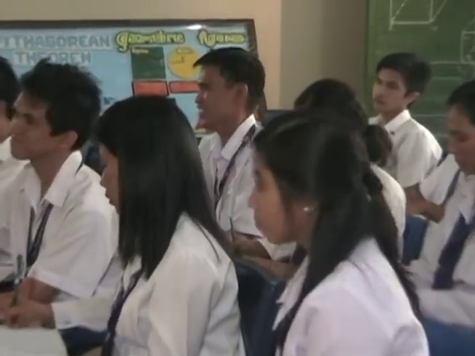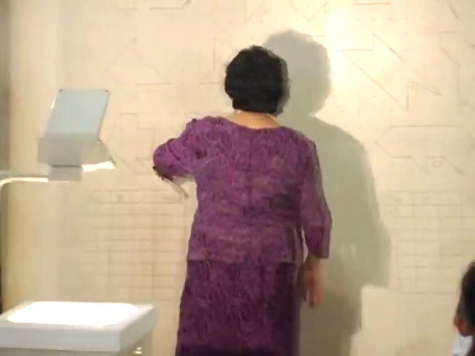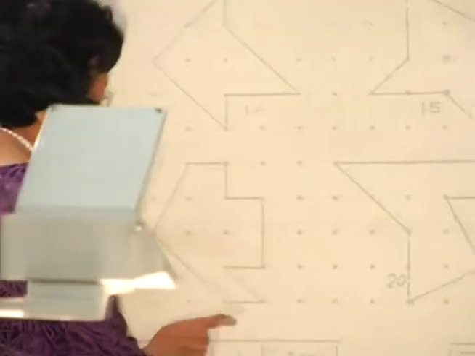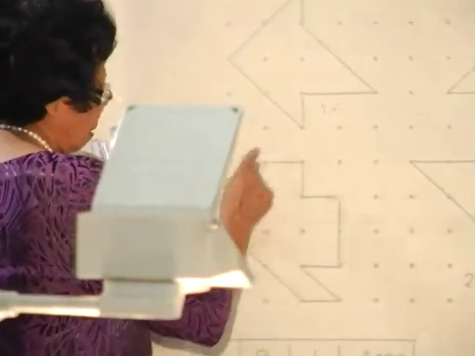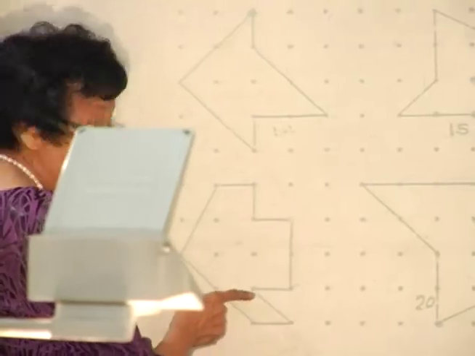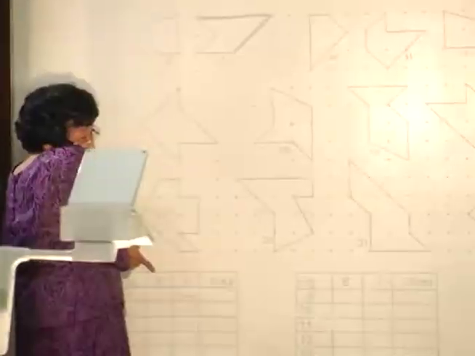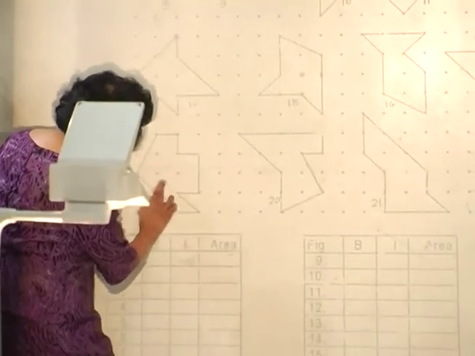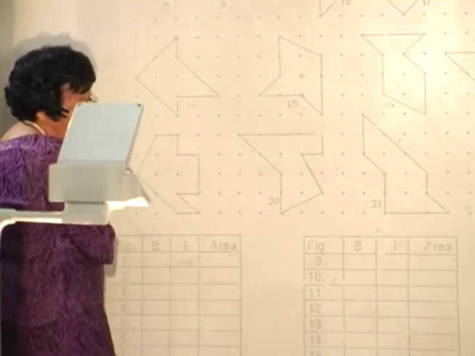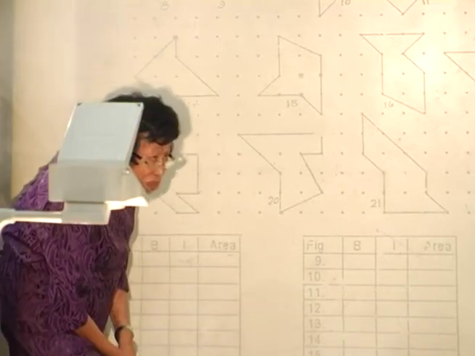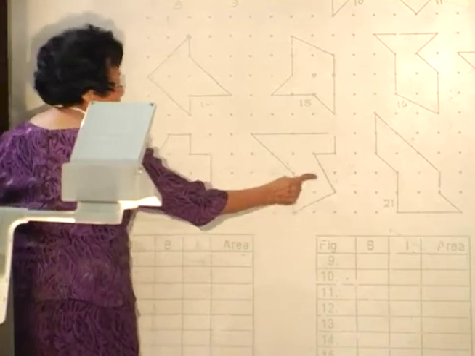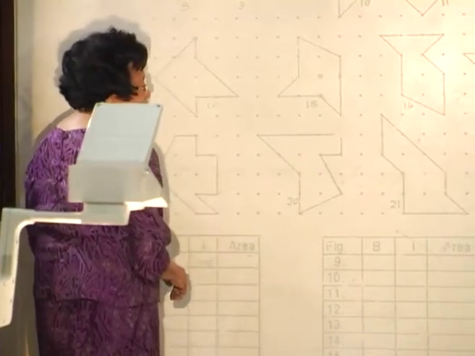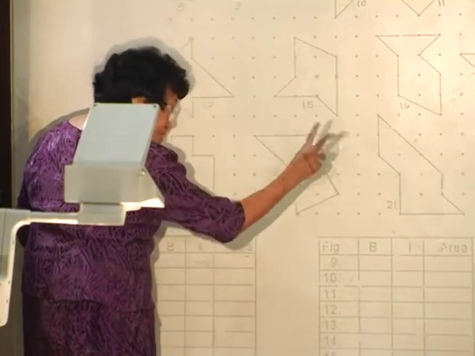Right. Is that okay? Let's use this. How many boundary points here? 1, 2, 3, 4, 5, 6, 7, 8, 9, 10. 11? Is it 11 here? Divided by 2. And then subtract 1 from here. 7.5. How about here? There are 3. So, what will you add? 2.